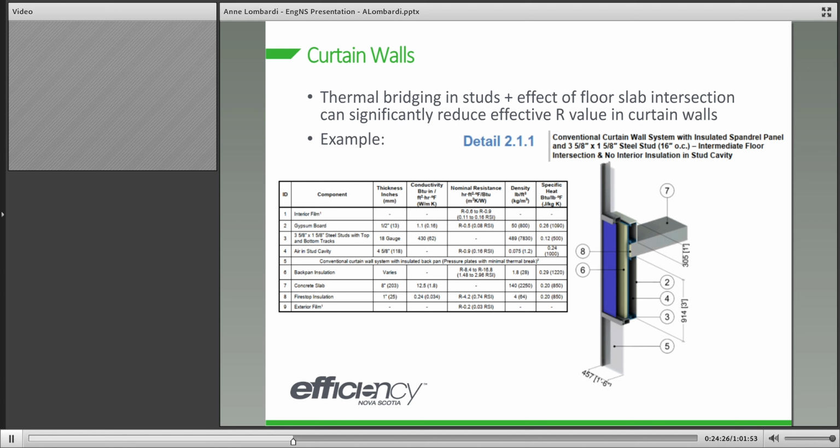That's fenestration, we'll get to that. We're just paying attention to the opaque part, which is the spandrel panel. In this case, that is where the insulation sits: the back pan in the spandrel panel has some insulation in it, and the rest of it is just drywall on the inside, etc.